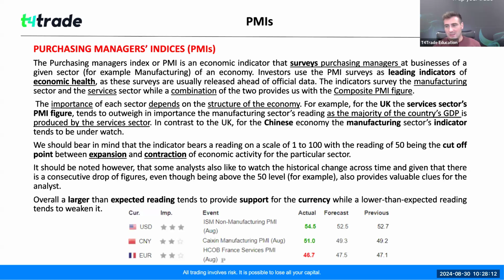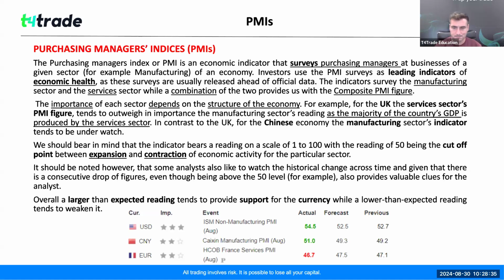Not that we do not give a damn about the manufacturing sector, for example, of the United Kingdom, but we do place a little bit more importance on the services front. Mainly because the majority of the country's GDP is produced by the services sector, and we talked about the United Kingdom.